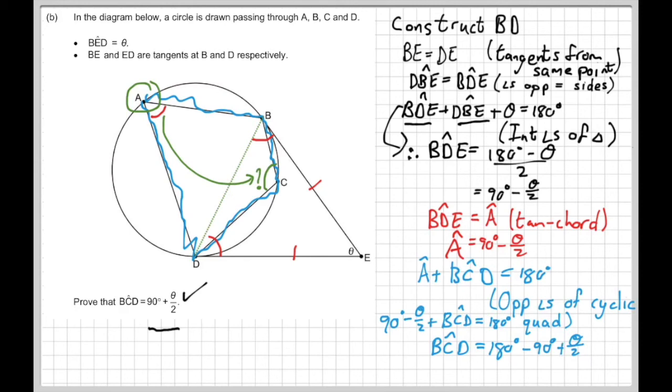And therefore, I'm going to sit with 180 degrees minus 90, which is 90, and therefore 90 degrees plus theta over 2, which is exactly where I want to go. Booyah! Fantastic. I love this. We've done it.